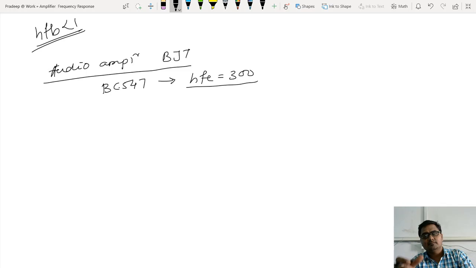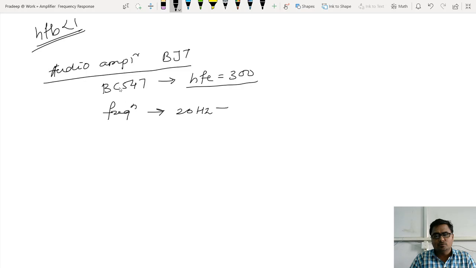I'm using a transistor which has HFE equal to 300, and I'm designing audio amplifiers. So if it is an audio amplifier, then what will be the frequency range? Simply 20 hertz to 20 kilohertz.